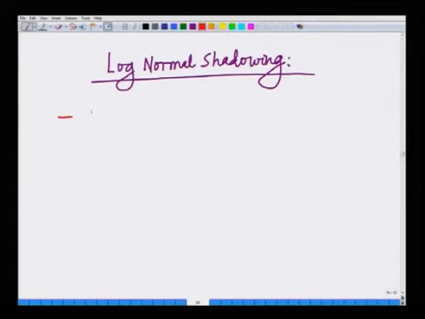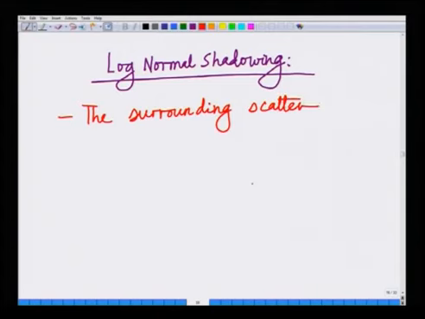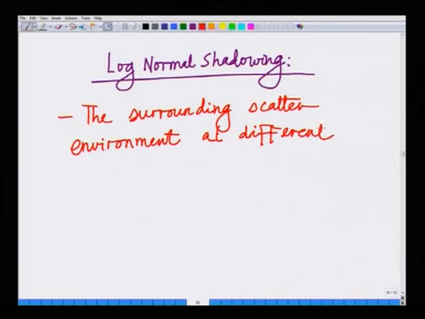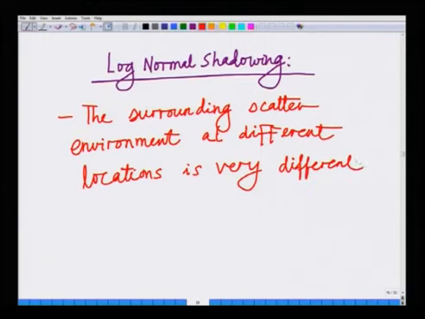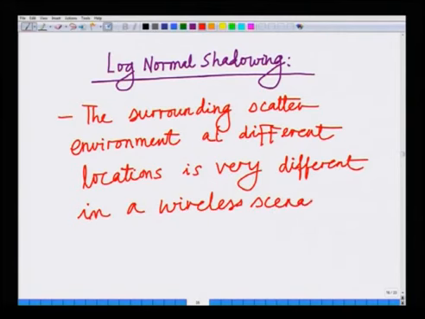All right. So, the surrounding scatter environment at different locations may be very different in a wireless scenario.